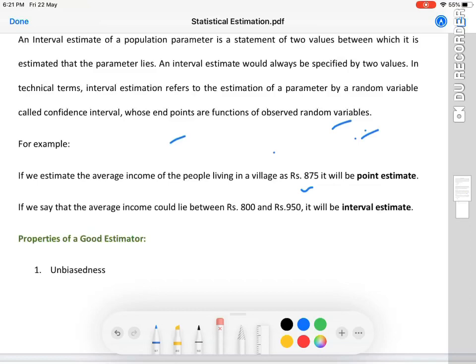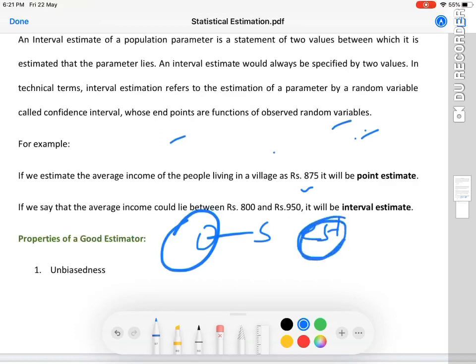Now you take a sample from the population, you calculate the estimate with the help of an estimator. Now whatever estimate you are getting should be close enough to the population parameter.